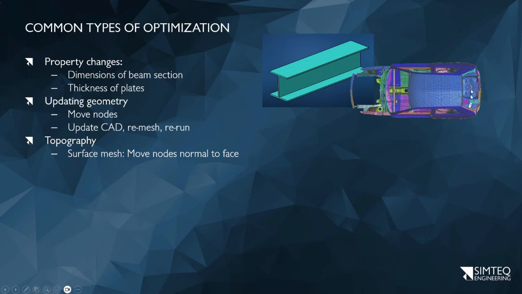Almost every single part, probably every single part, isn't a thin, flat section. They're shaped in a specific way. Now, that shape dramatically improves the natural frequencies, the stiffness of the part, the strength of the part, and so on. So that's the purpose of topography, to just move nodes normal to the surface.